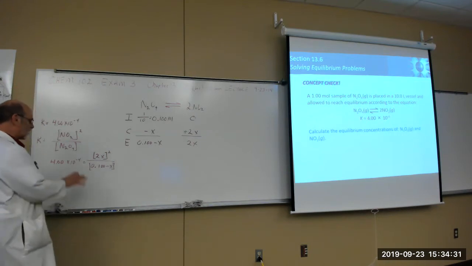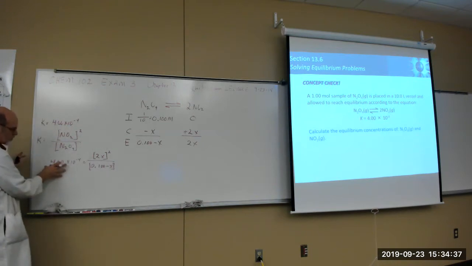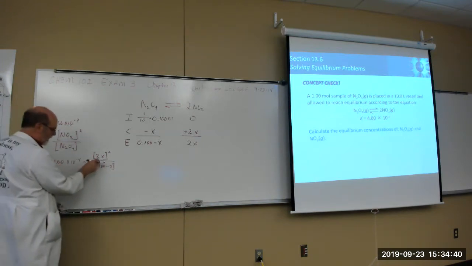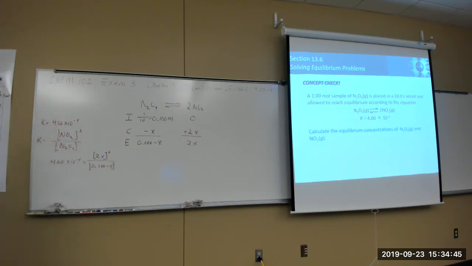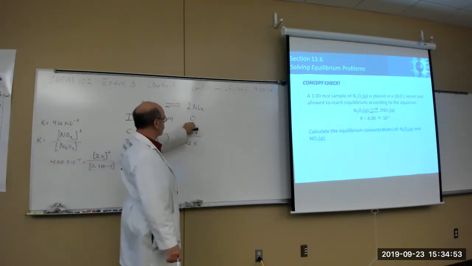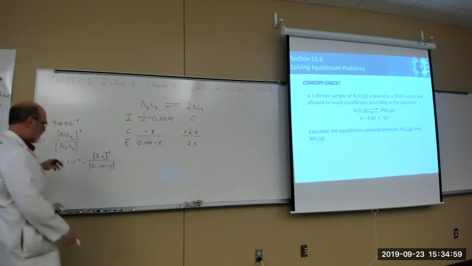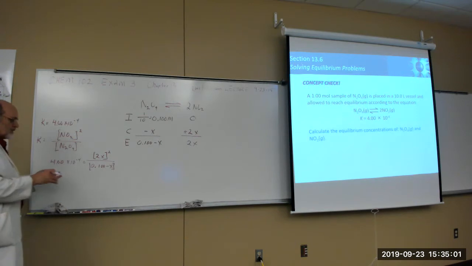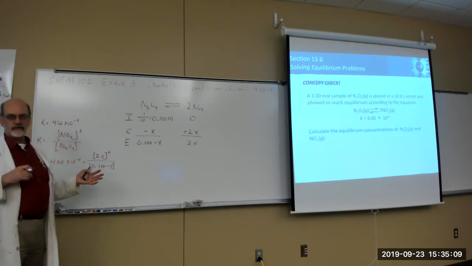If we keep all of our X's as is, this one comes over here and gives us an X term, but then we have an X squared term that has to come over there as well to make the quadratic, and then we'd have to use the quadratic. But notice that K is very small. It's going to produce very small amounts at equilibrium, which means wherever X is associated with some other real number, it's not going to influence that concentration very much.